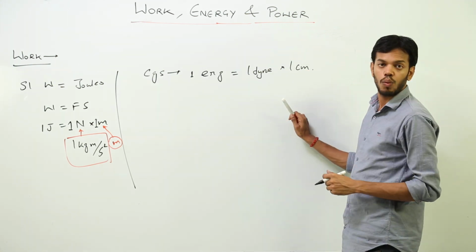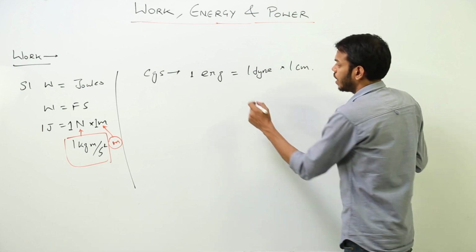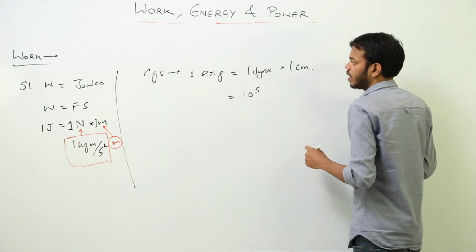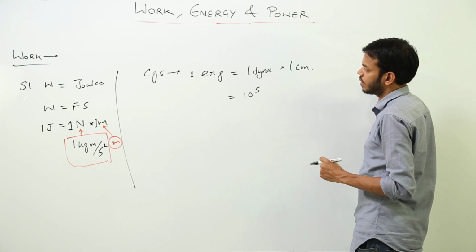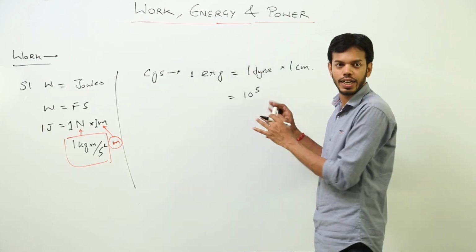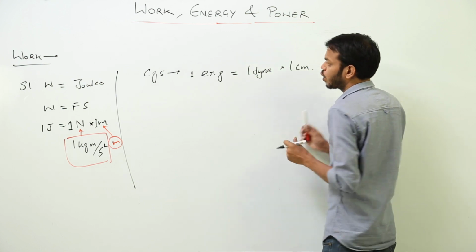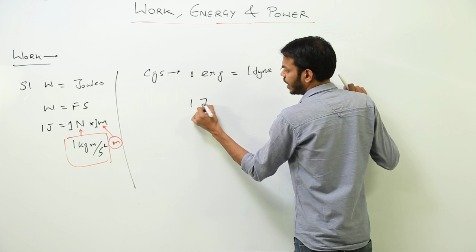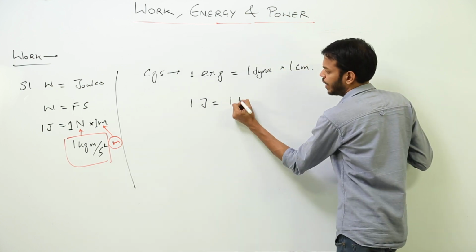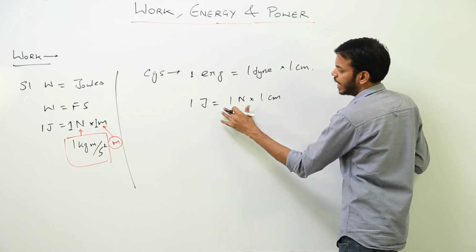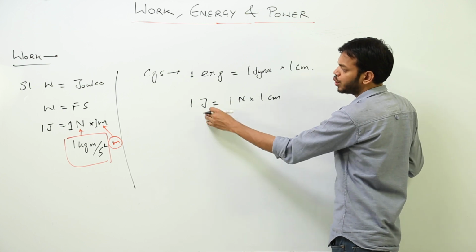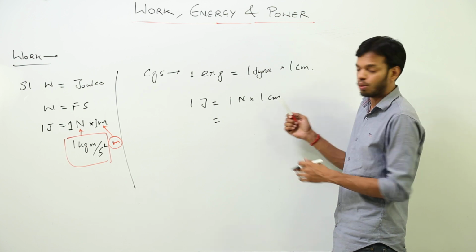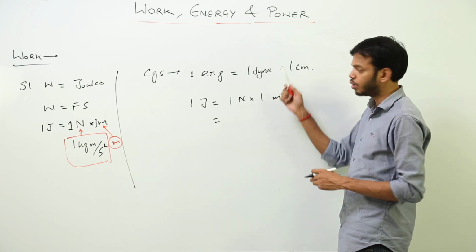What is 1 dyne? 1 dyne is 1 dyne. If I have to relate joule and ergs, for example, I am writing 1 joule is 1 newton into 1 meter, and I have to convert the SI units into CGS units.